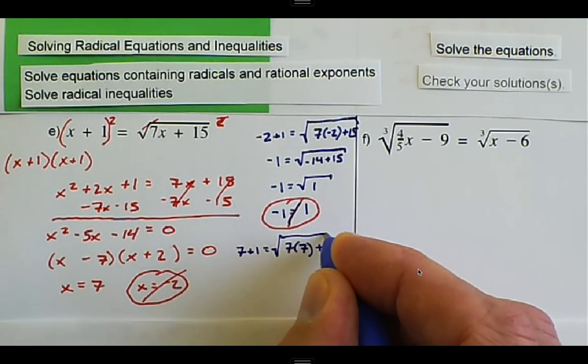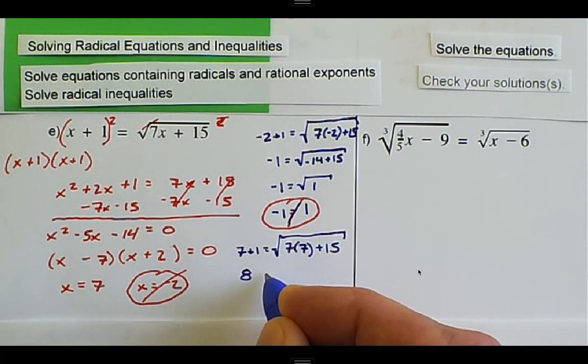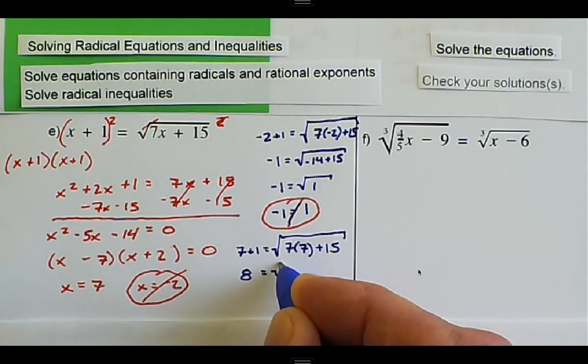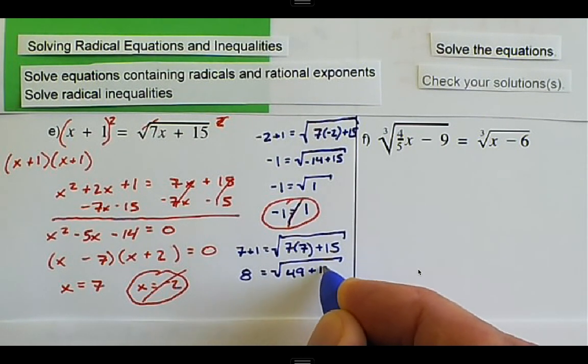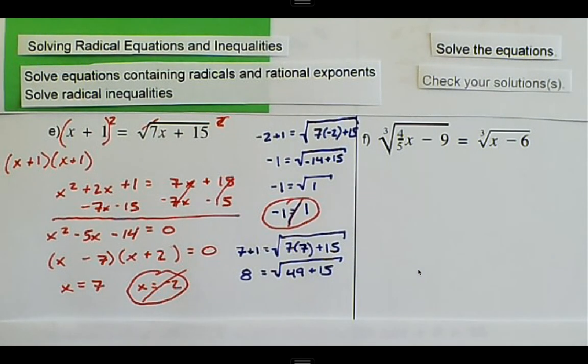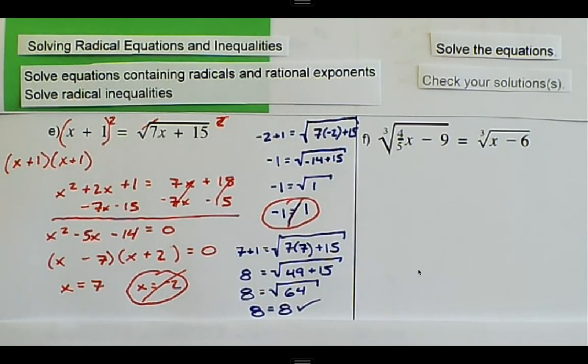So over here on the left, we get 8, and that is equal to the square root of 49 plus 15, which is equal to the square root of 64. And so we get 8 is equal to 8. And so x equals 7 is a solution.